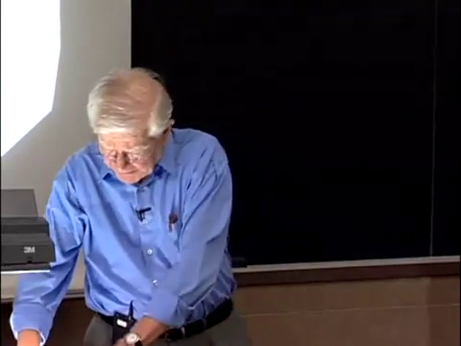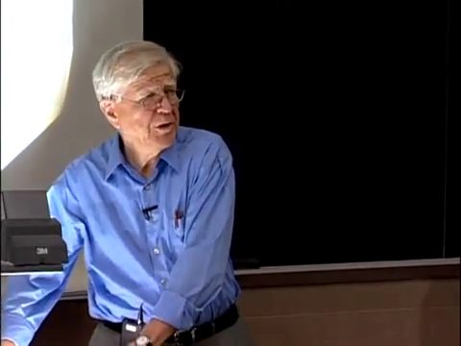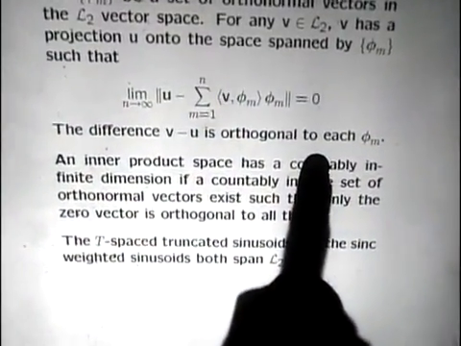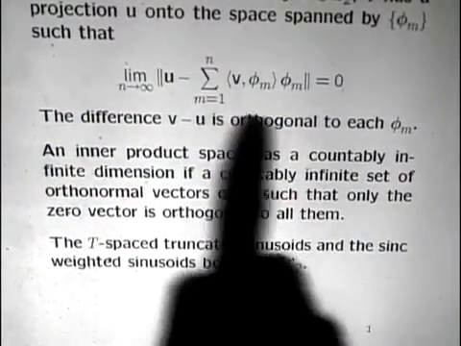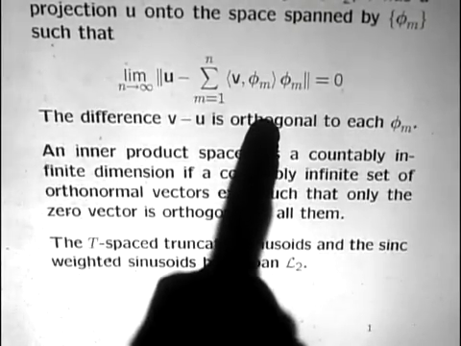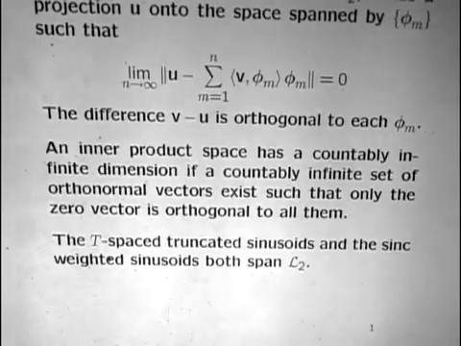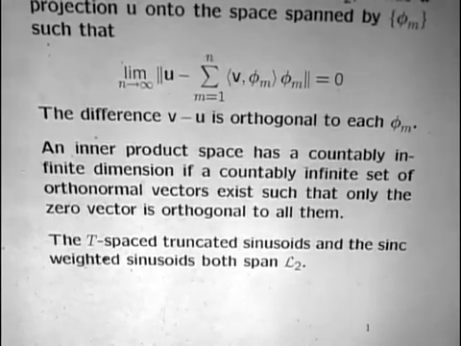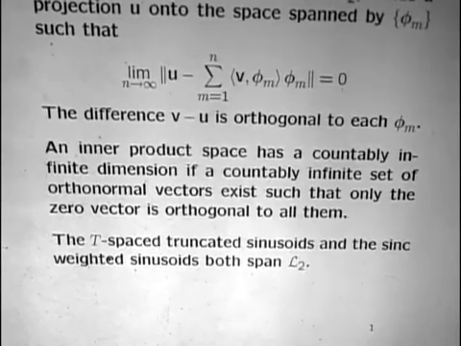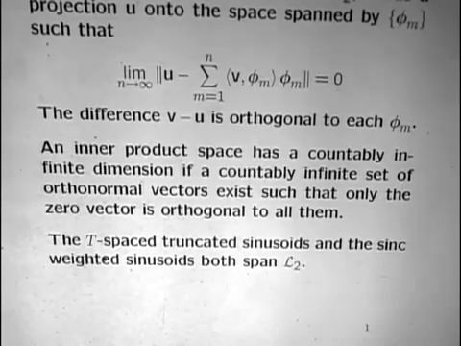Okay, and the thing this is saying is you don't have to worry about that too much, because the thing which is left over has to be orthogonal to everything you started with, and this sum here has to go to some limit. Okay, what is this limit in the case of the Fourier series? Suppose we start out with an arbitrary L2 function. We now try to expand that arbitrary L2 function in a Fourier series from minus T over 2 to plus T over 2. And we can do that.